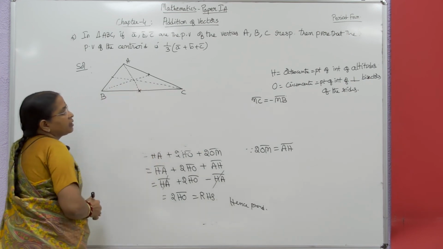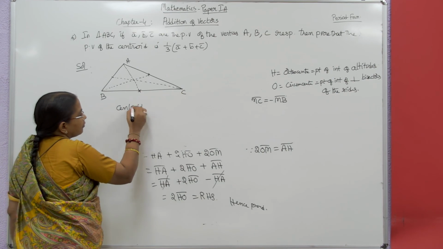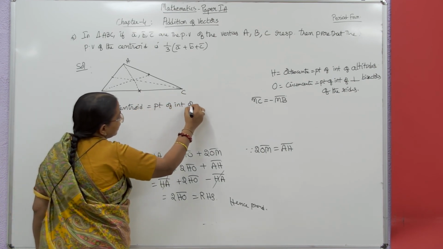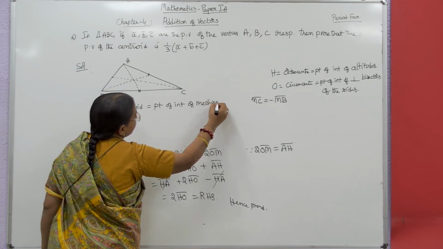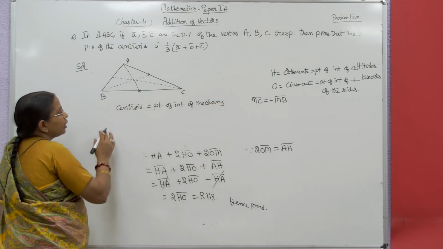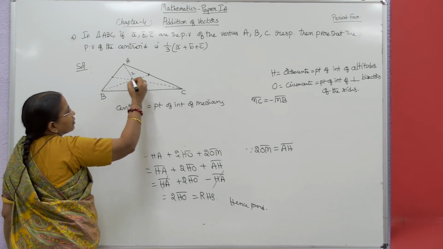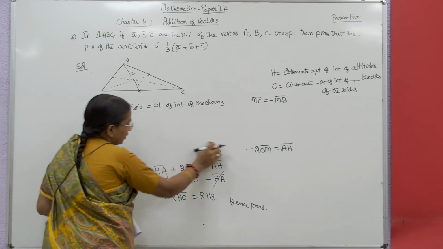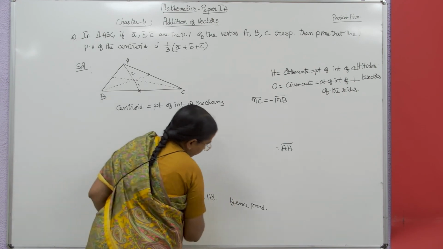So the centroid is the point of intersection of medians. Now we know that the centroid divides the median in the ratio 2:1. So what we'll do is we'll take the position vector of the midpoint of one side.